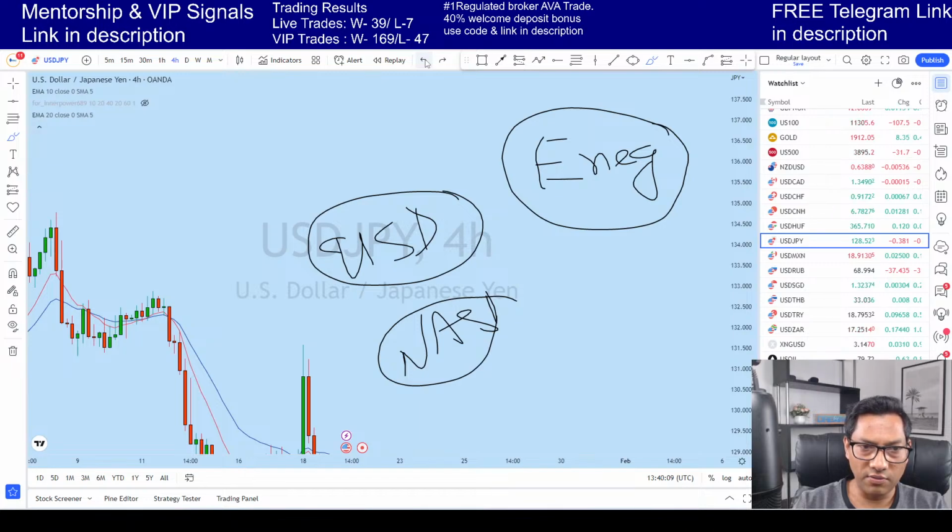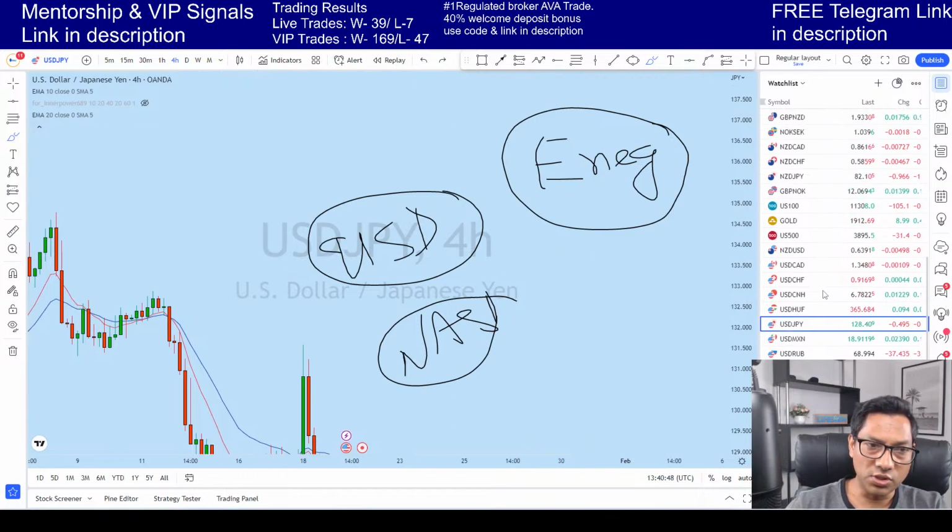Applying your common sense, if you sell something and bring cash into your account, that money goes to other things, right? So that's how it works. This is the best way to understand USD versus the rest of the things.